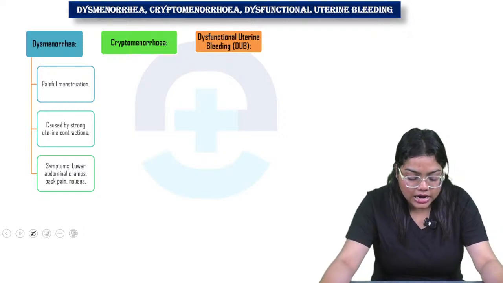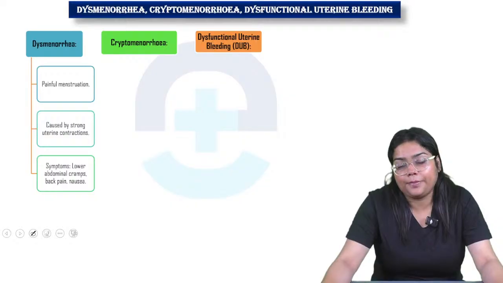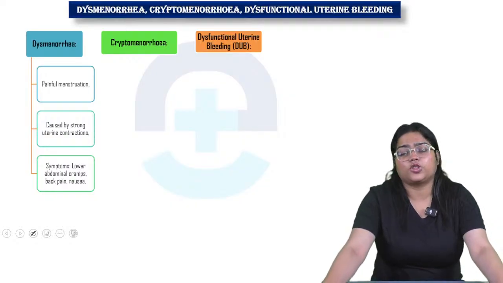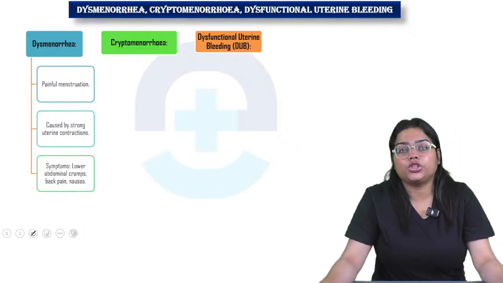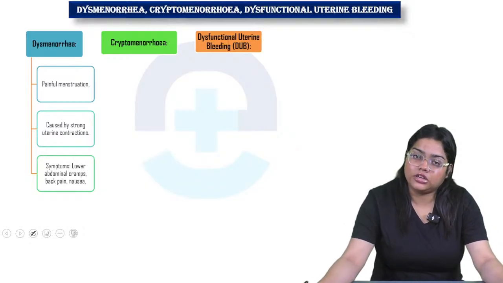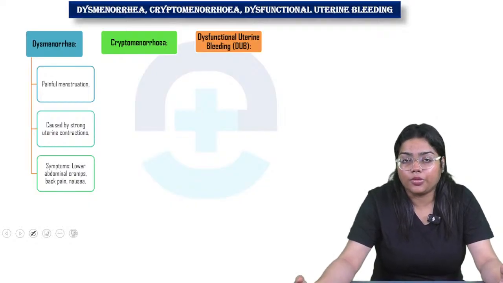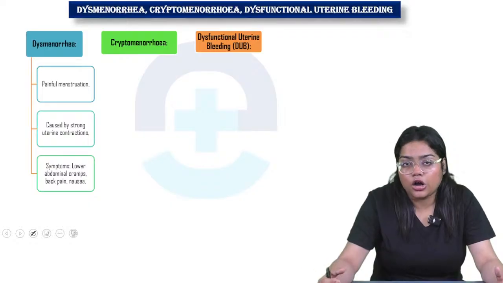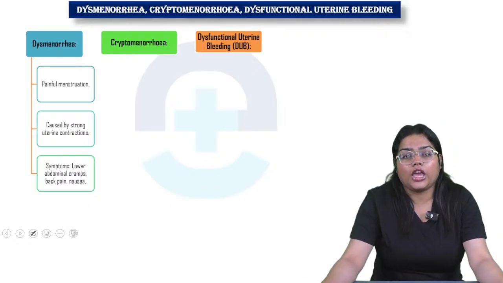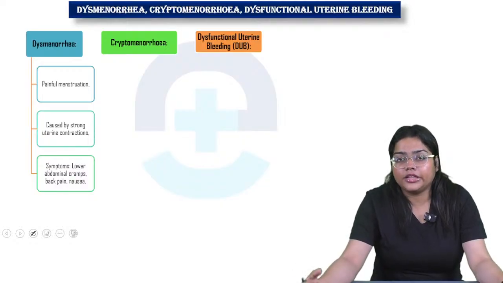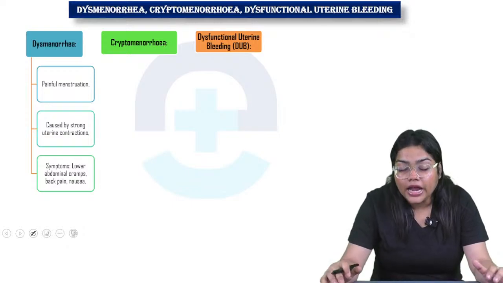The symptoms include lower abdominal cramps, back pain, nausea, vomiting, loss of appetite and so on. So let's see how we can manage it. We should not always give pain reliever tablets, because this is not good. We should try to treat it properly. We can give a hot water bag to relieve the pain, we can massage the area, or we can give some Ayurvedic pain management tablets, so that the pain will be reduced naturally.